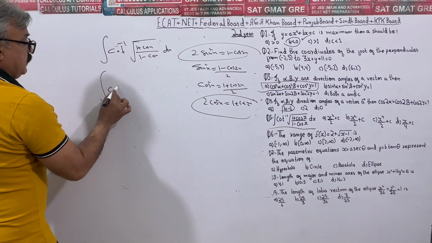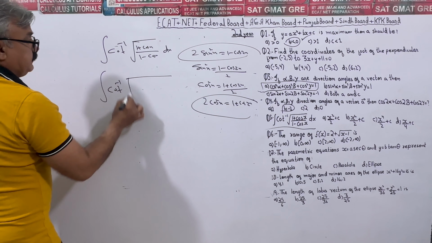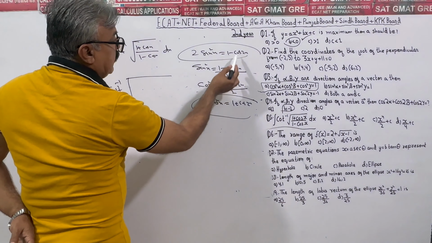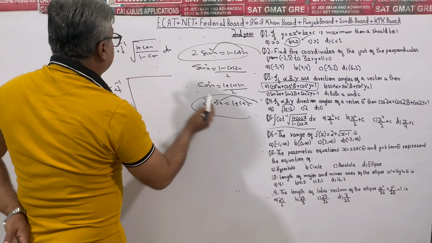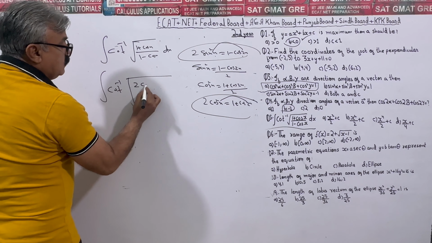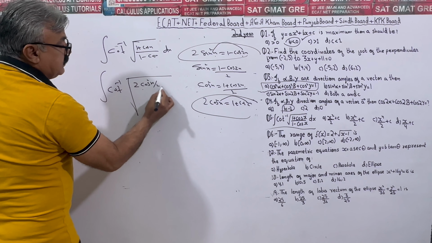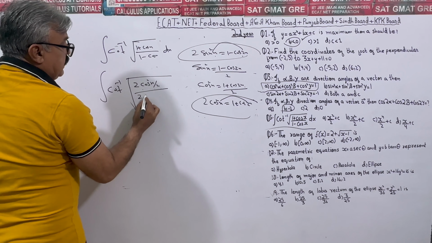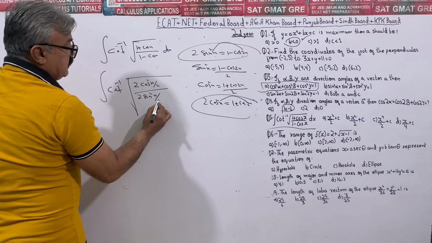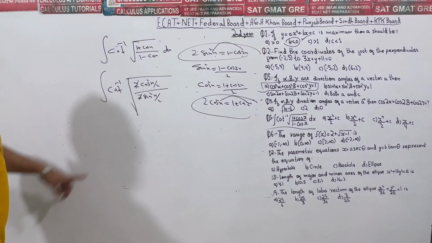We have cot inverse root. Look at this: the angle is double, their angle is half. So we have 2 cos square x over 2, half the angle. What about this? Negative for sine, 2 sin square x over 2. The 2 cancels out.